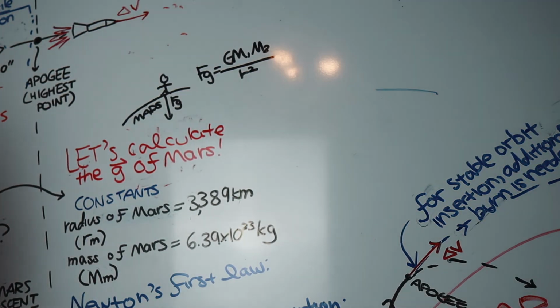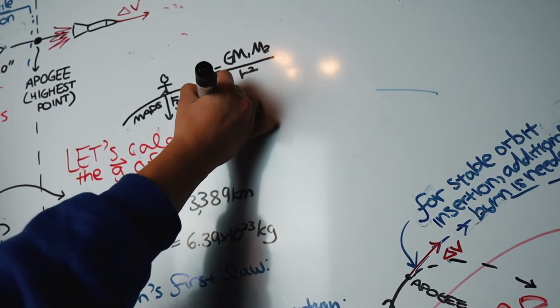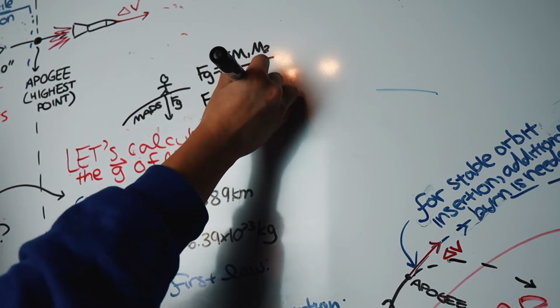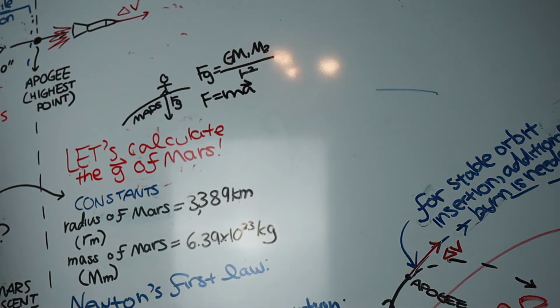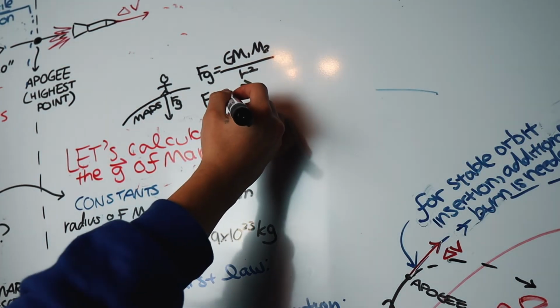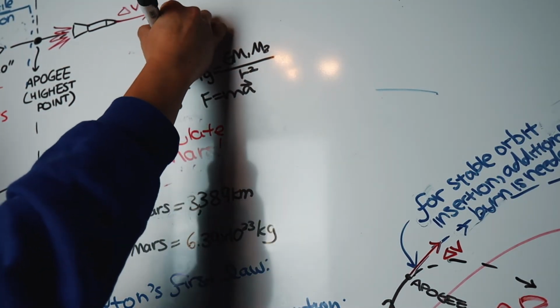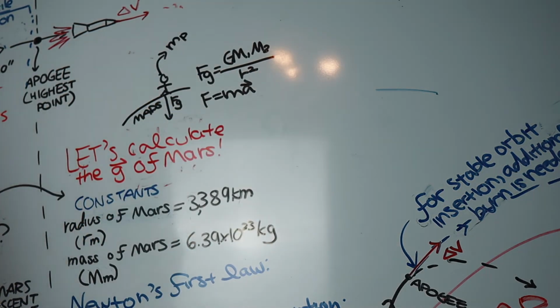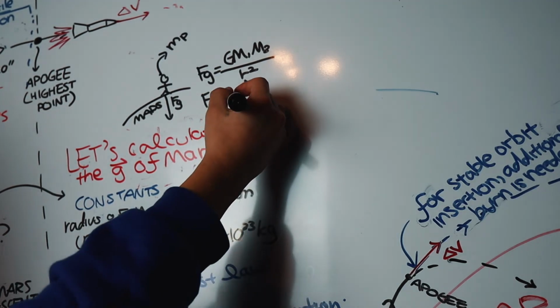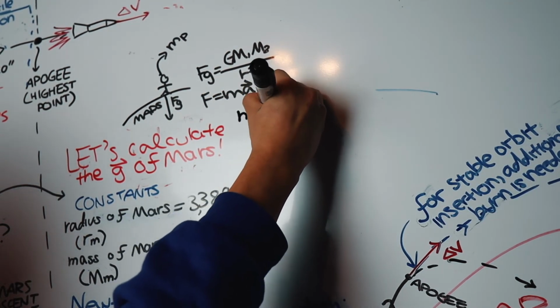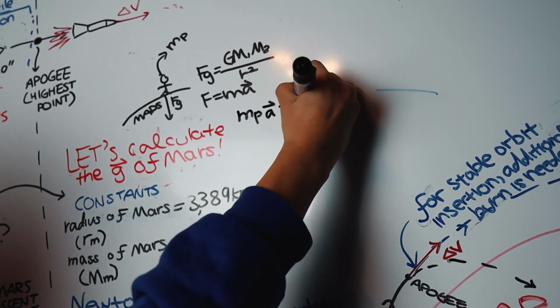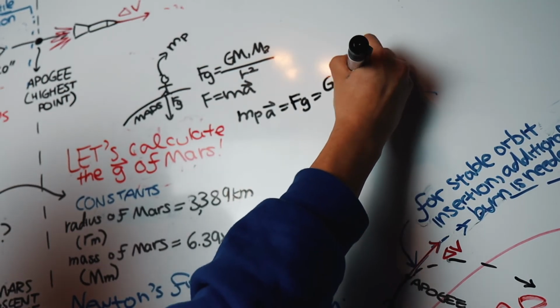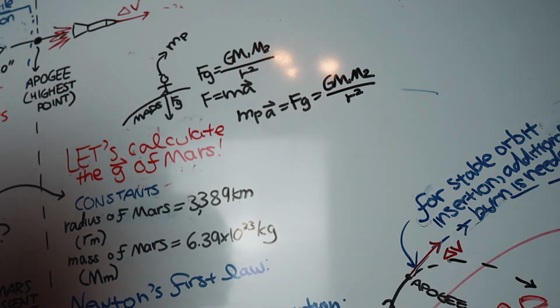But there's also one more thing that we learned, as I told you. It's F equals ma, right? So in this case, let's say the mass of this person is mp, and the mass of the planet Mars is mm. So mp times a equals Fg, which equals G m1 m2 over r to the power of 2.